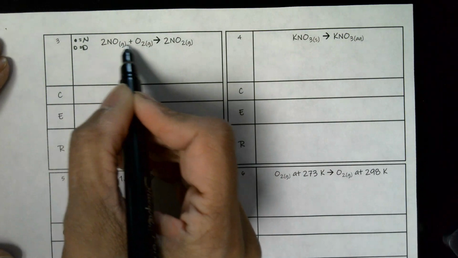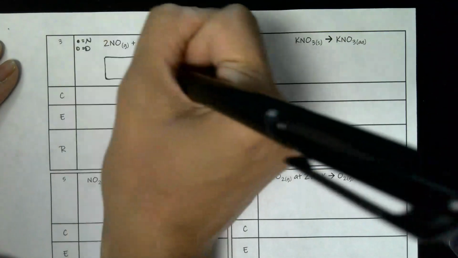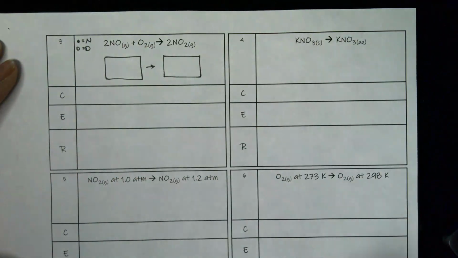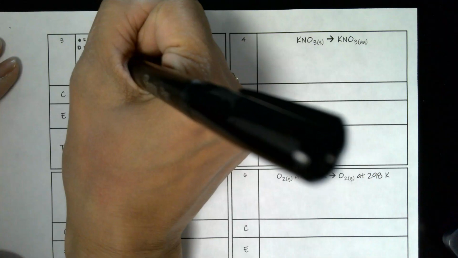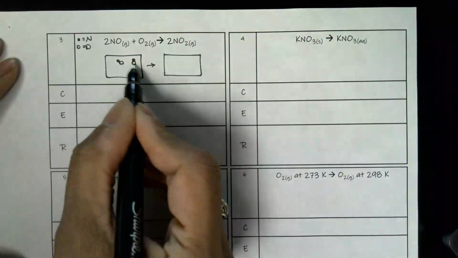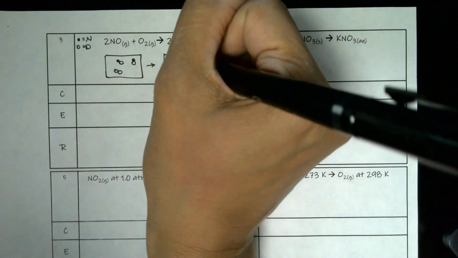So that's N, that's O. So I'm going to show 2NO plus O2. Again, the same container, 2 different time periods. I'm showing N and O, and for every 2 of these, I have 1 O2. And then here I have 2 NO2 gas.